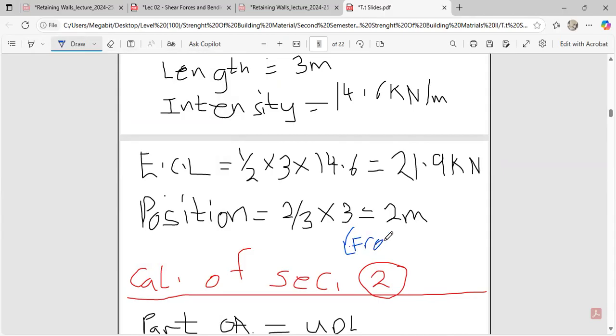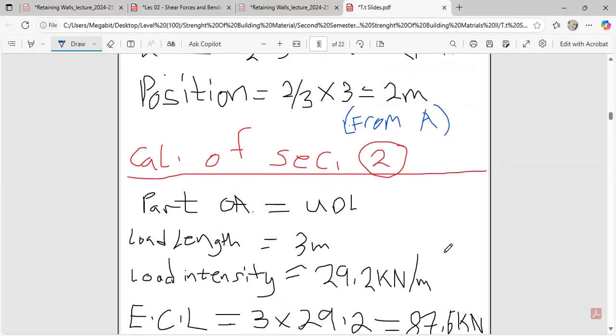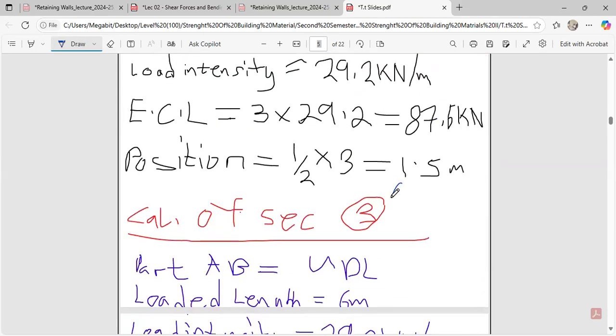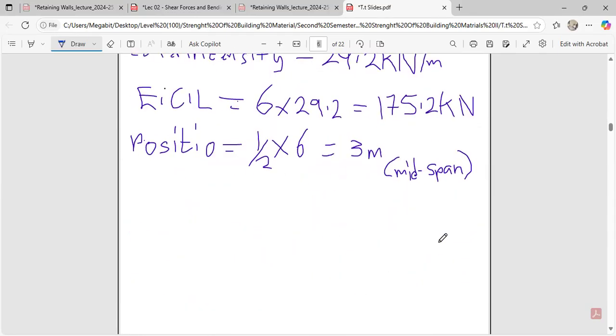So this was from A. From support A. And then this one was also from support A. This was also from support A. So from there, you come and draw the original problem again. Then from there, what do you do? You draw your ECL diagram and then you represent everything on it.